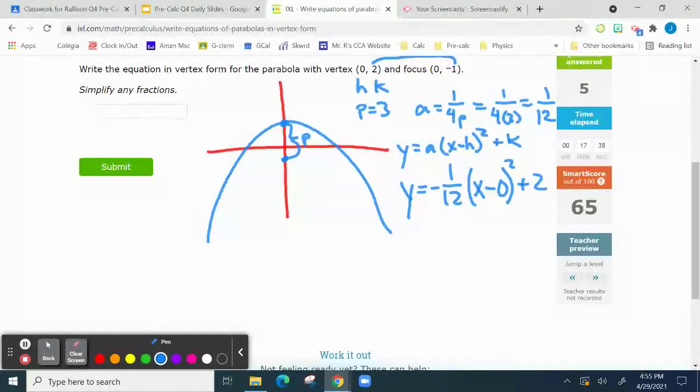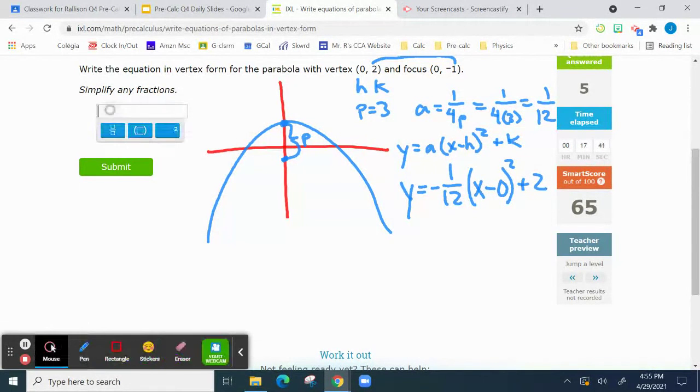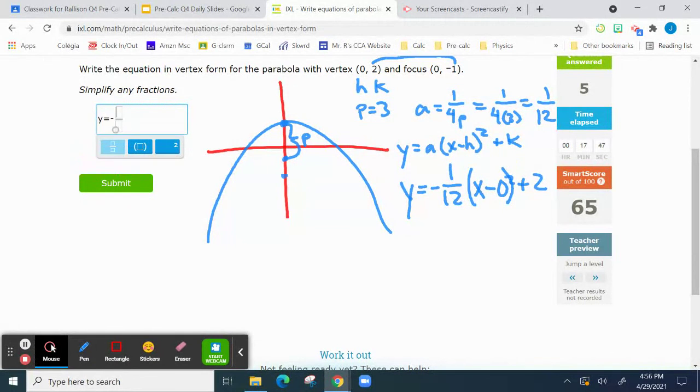Let's type that in and see what's what. y equals -1/12 x squared plus 2. Boom.